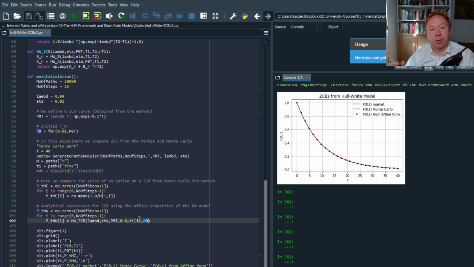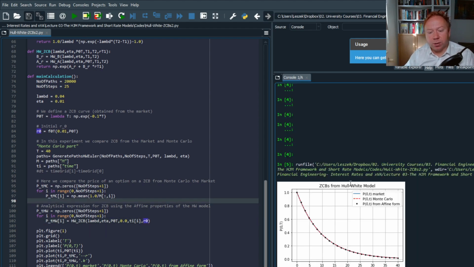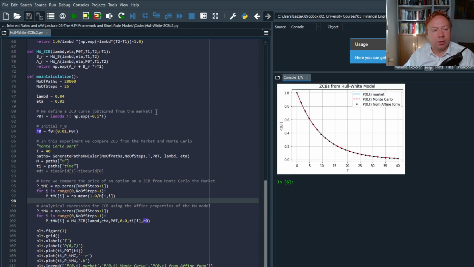We are looking at the zero coupon bond P(T0, Ti), and this Ti is the grid here in this maturity frame. If you run the simulation, you see everything is nicely spot on. And again, as we have seen before, we don't need to do this nested Monte Carlo. We don't need to look at the money savings account. We can directly calculate zero coupon bonds using essentially just the evaluations of functions A and B.